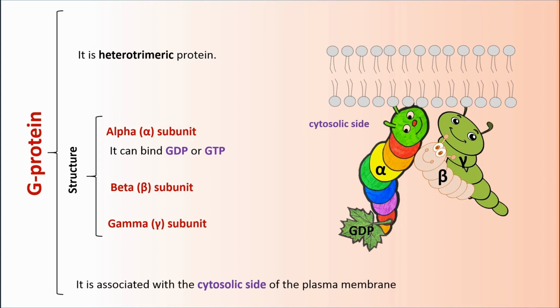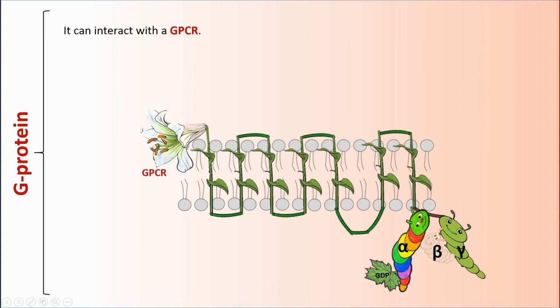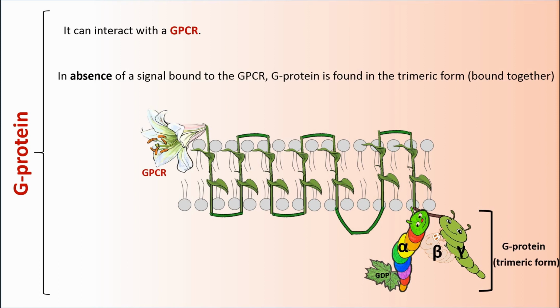It is associated with the cytosolic side of the plasma membrane and can interact with a GPCR. In absence of a signal bound to GPCR, G protein is found in the trimeric form, bound together.